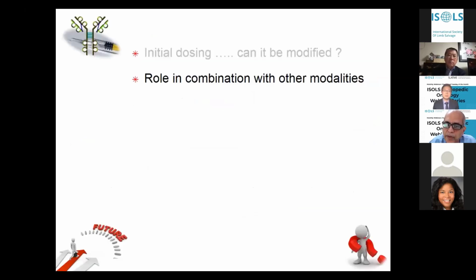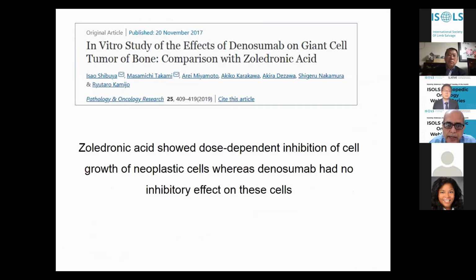The question that Professor New asked after last talk, is there a role for denosumab in combination with other modalities? We know that zoledronic acid has actual inhibition of the cell growth of neoplastic cells, but denosumab has no inhibitory effect on these cells. Can the two be combined, one given pre-op, one given post-op, or different combinations?